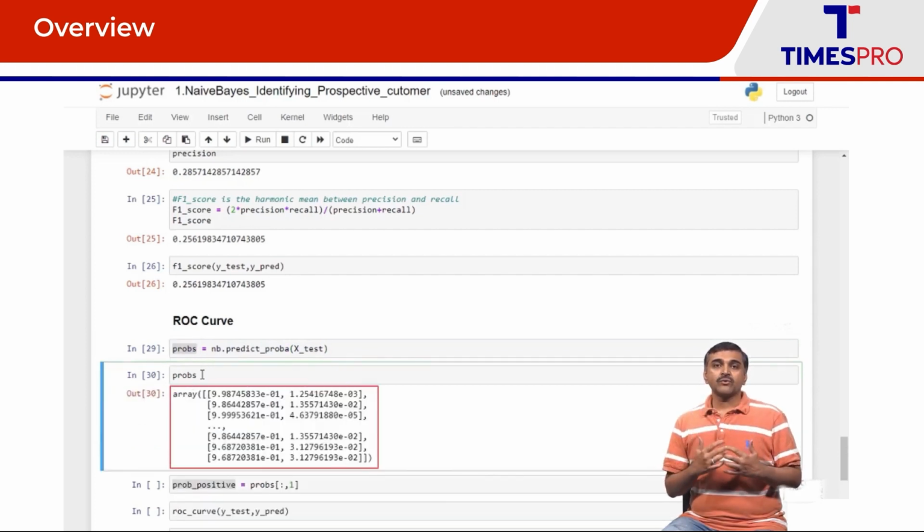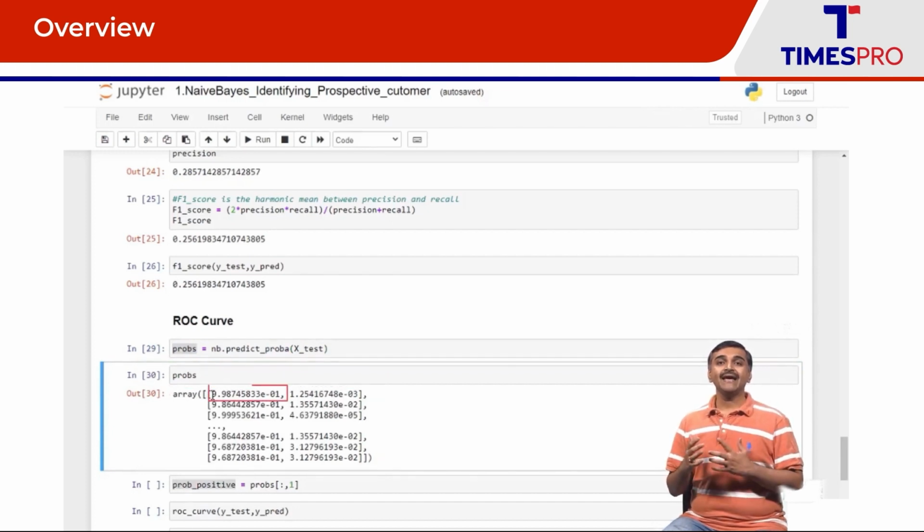In the first row, the probability of class 0 is 9.98 into 10 to the power of minus 1, and the probability of class 1, which is the positive class, is 0.00002541, or it's nothing but 1.25 into 10 to the power of minus 3.